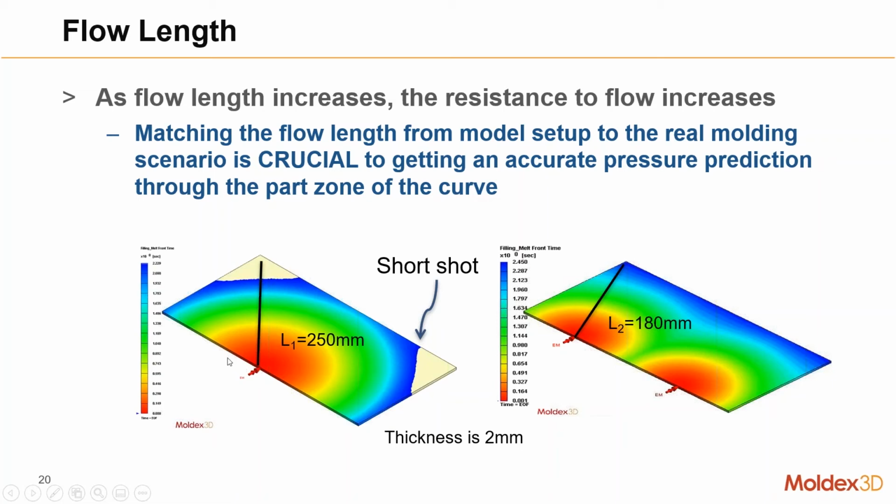So if my gate is not placed correctly, maybe if my gate is placed a little bit over to the left, then my overall flow length is shorter on this side, but much longer on the right side. And if the flow length is longer, the pressure requirement is going to be higher. And if I'm trying to compare between simulation and reality and my gate location is not the same, then I can definitely expect there to be a difference in pressure for my part.